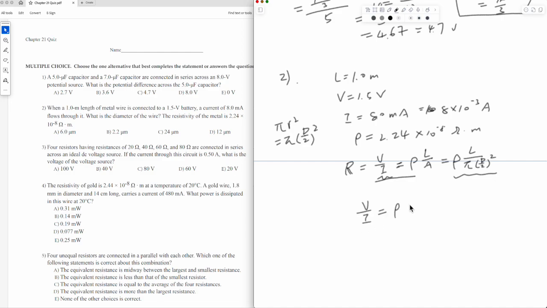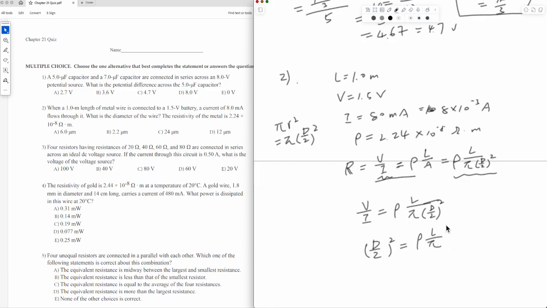So equal to this, right? Equal to rho L over pi d over 2 square, right? So everything else we know, looking for d, right? So what we do here is d over 2 square equal to rho L over pi, right?